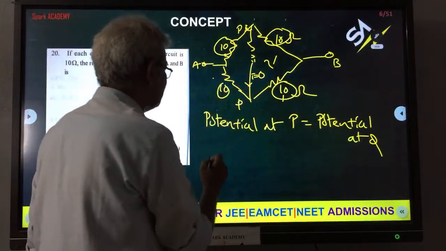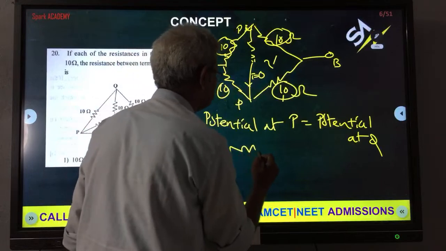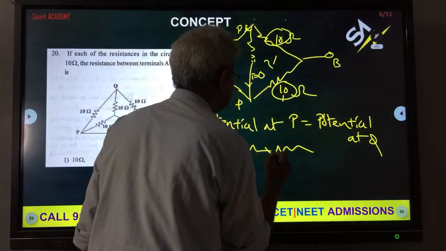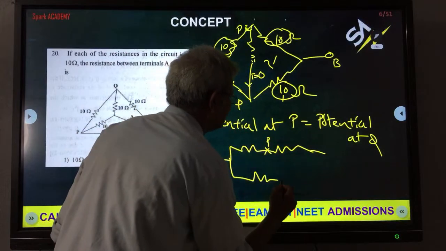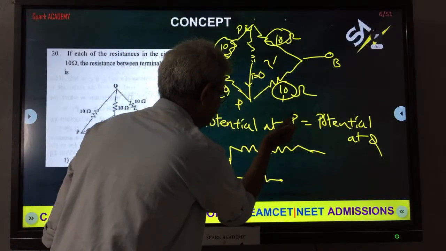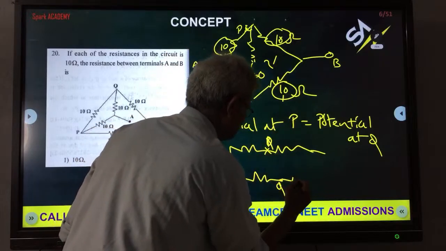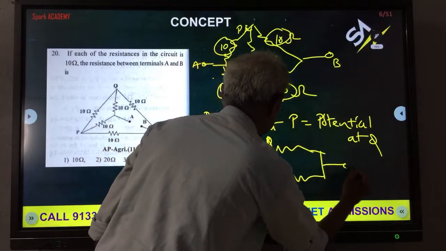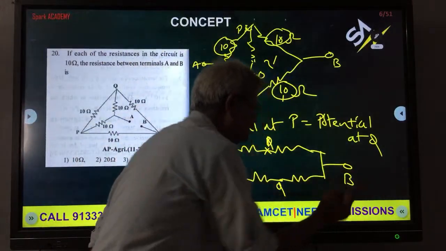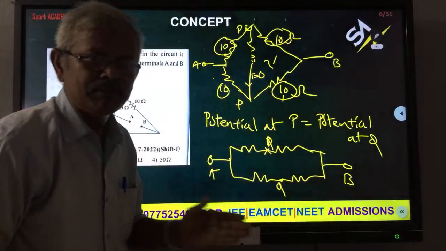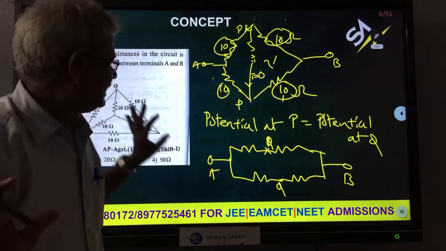Clear? So that means from A we will be getting like this. This is the point P, and here from A another one, Q. Now the circuit is reduced to this. This is advantageous if you have the terminals A and B between which the question is what is the resistance.